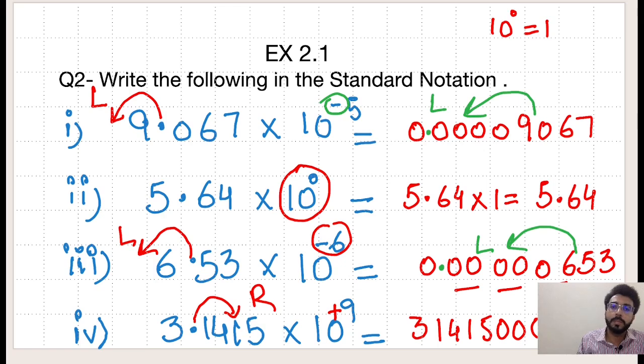So the decimal point will be here. So this is our decimal point. We have moved the decimal point from here toward the right side 9 digits. So this is the standard form. We can also move this 0.0, and this is also our standard form.